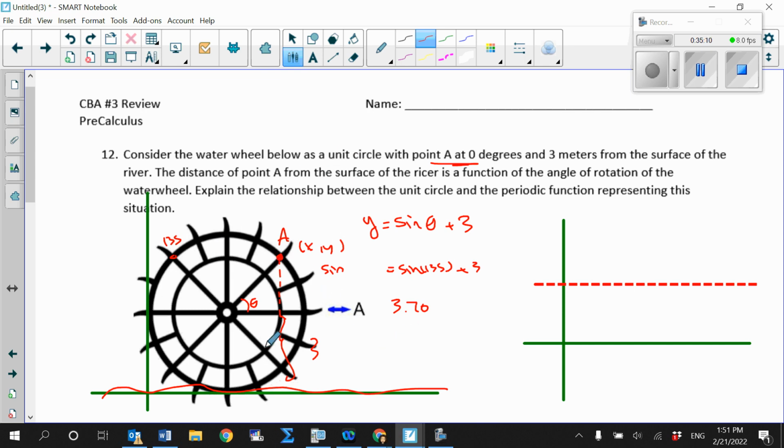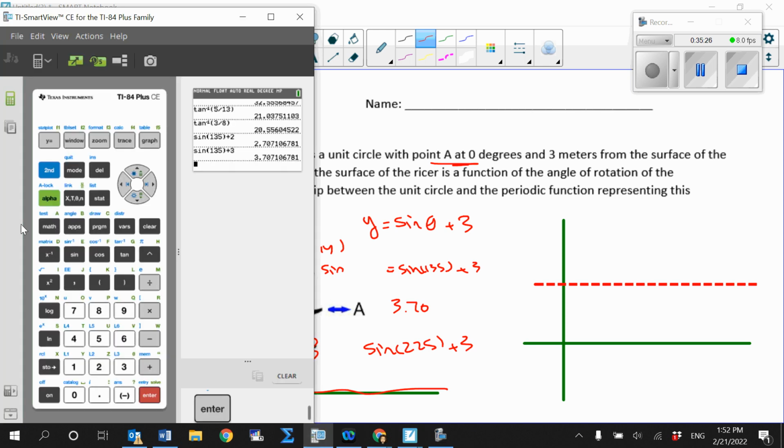I could use any other angle as well. Let's say sine of 225. If 225 is here, then what is the height of this point? The point is going to be here. So I'm going to use my calculator. Sine of 225 plus 3 is going to give me 2.29.